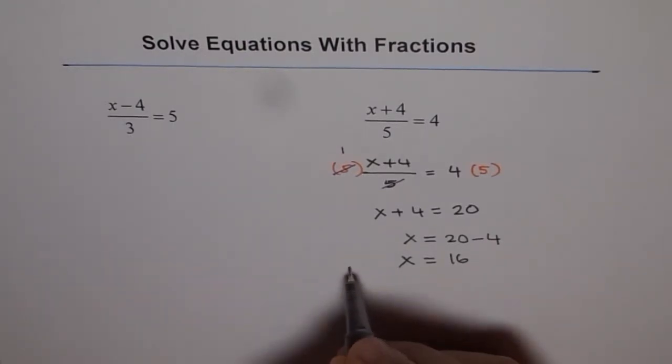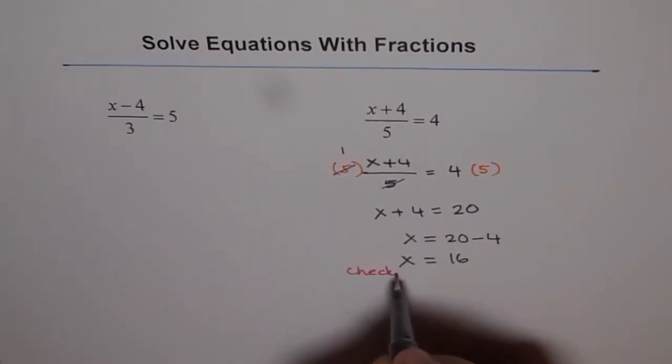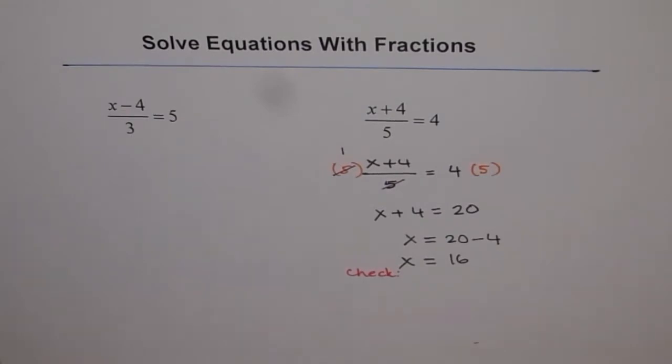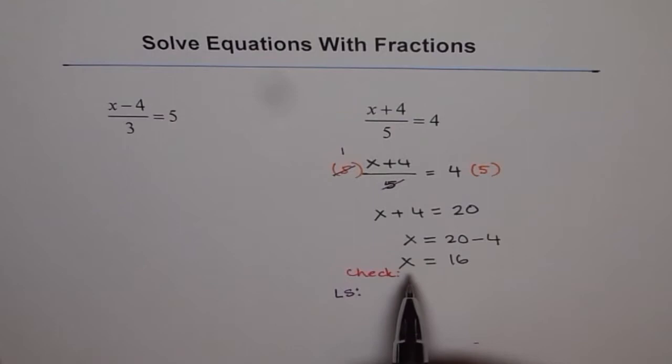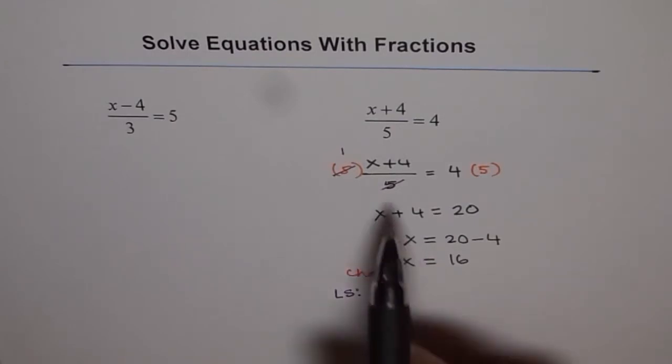Now the second part of the question always is check, right? You may or may not do it, but initially when you are learning the process, it is always good to check. At times you may be told to solve and check. In that case, it is a must to check. So if I write 16 for x, what do I get on the left side? We'll start with the left side and substitute 16 for x.